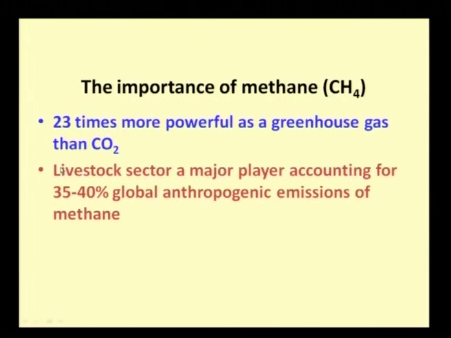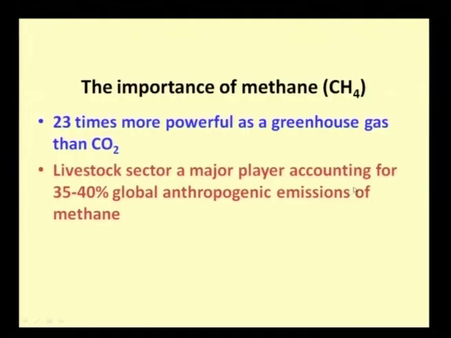Their capability is more, and therefore, they are also causing the greenhouse effect. And the importance of methane is that it is 23 times more powerful as a greenhouse gas than carbon dioxide, and generally people think that carbon dioxide alone is causing the greenhouse effect. Carbon dioxide is more dangerous, but the point is that the methane, even though it is present in less quantity, is 23 times more powerful than carbon dioxide in producing the greenhouse effect.